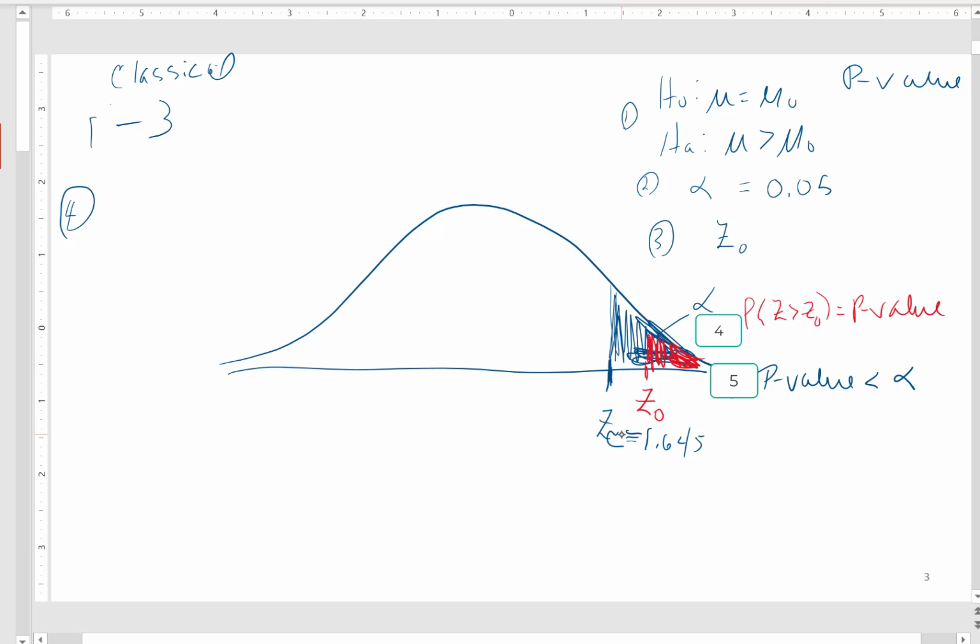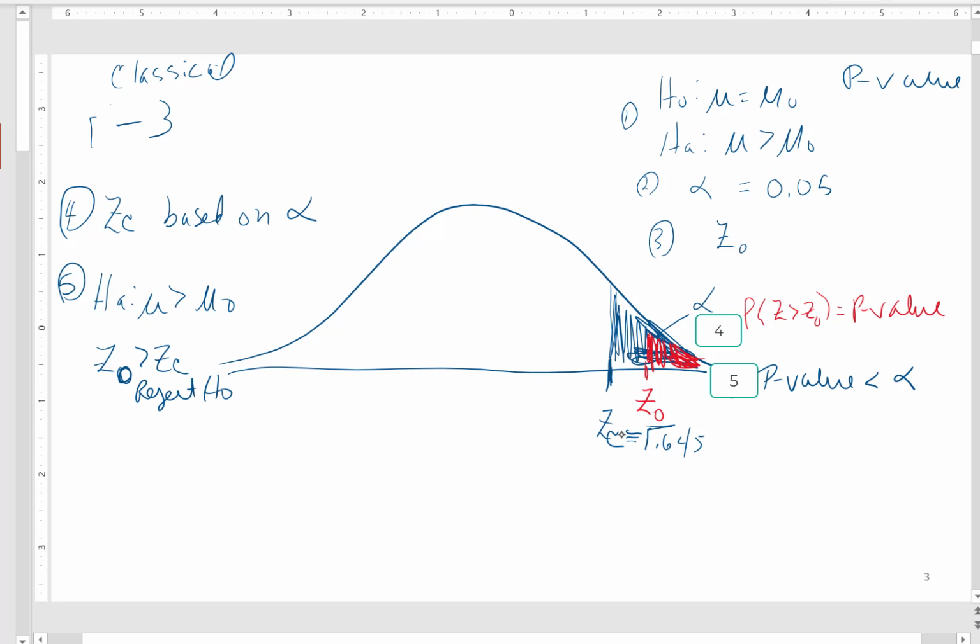So we get our critical value based on alpha, and then our criterion for rejection. If we're in a right-tailed test and our test statistic is greater than our critical value, we reject the null hypothesis, because that would make our p-value less than our alpha.